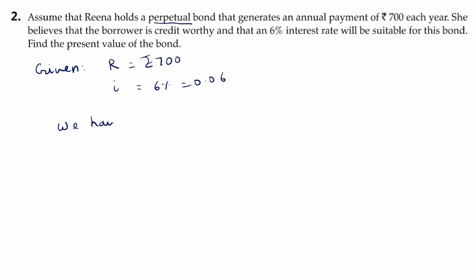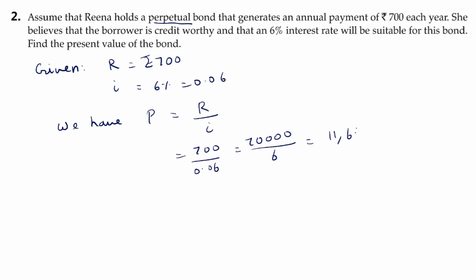We have the present value of perpetuity given by R upon I, or it is 700 upon 0.06, or it is 70,000 by 6, which is 11,666.67. Therefore, P is equal to 11,666.67 rupees.